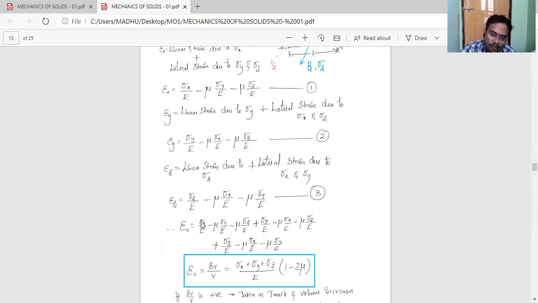So it is sigma x by E into 1 minus 2 mu, plus sigma y by E into 1 minus 2 mu, plus sigma z by E into 1 minus 2 mu.